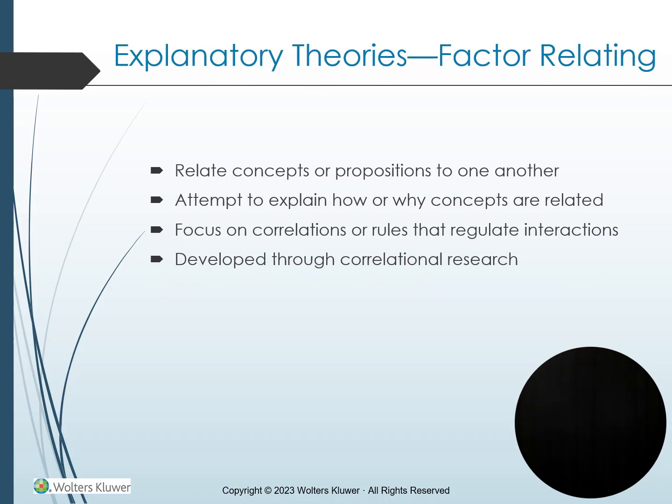There are also explanatory theories and predictive theories. Explanatory theories, unlike descriptive theories, relate concepts or propositions to one another. They attempt to explain how or why concepts are related. They focus on the correlation or rules that regulate interactions, and they're developed through correlational research.